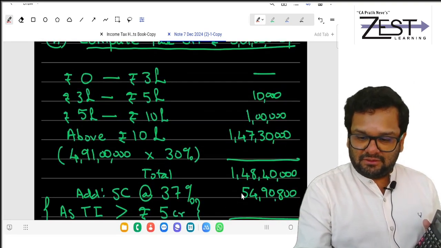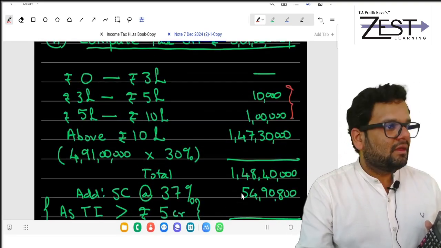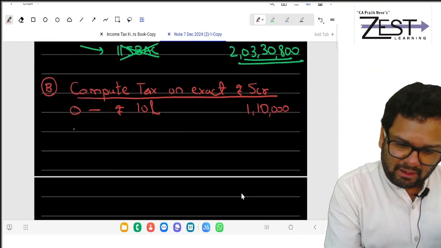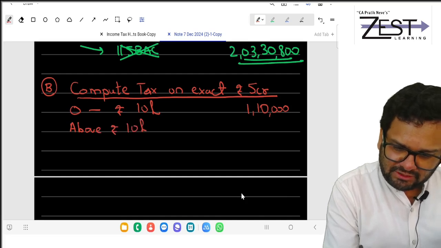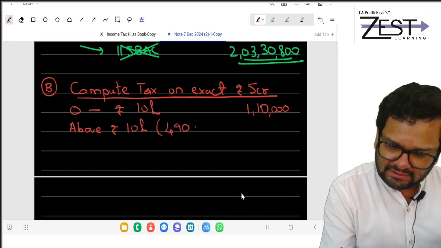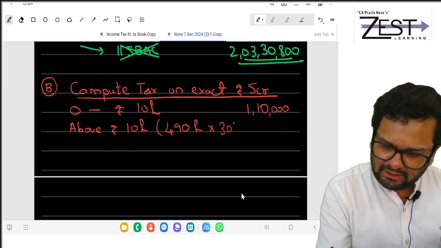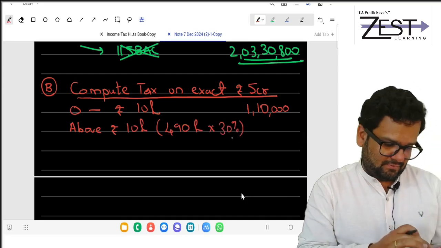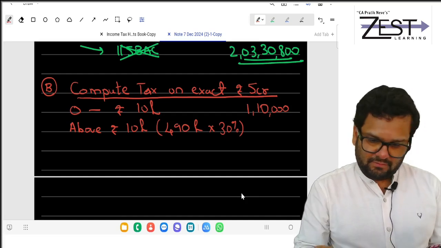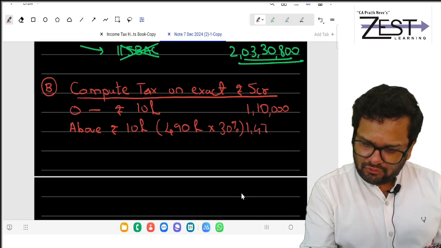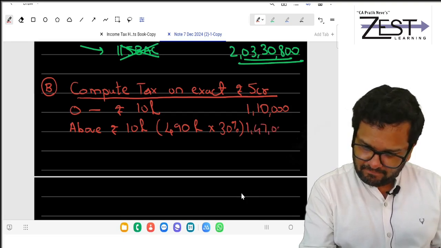Don't make a mistake. Then above 10 lakhs, you have 490 lakhs. So do 490 lakhs into 30%. How much? 1 crore 47 lakhs.